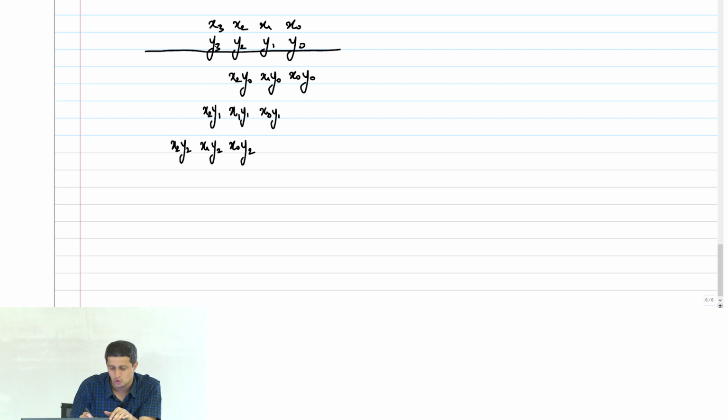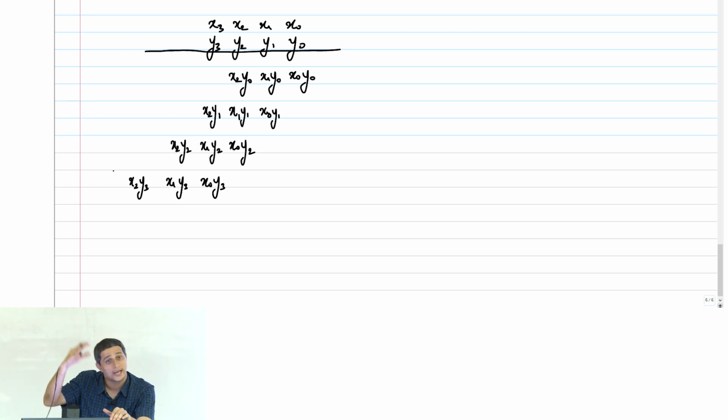If I took this y3 term, normally it would have been x0y3, x1y3, x2y3. We'll leave the x3y3 out because that's again a positive number. This is now a negative number.